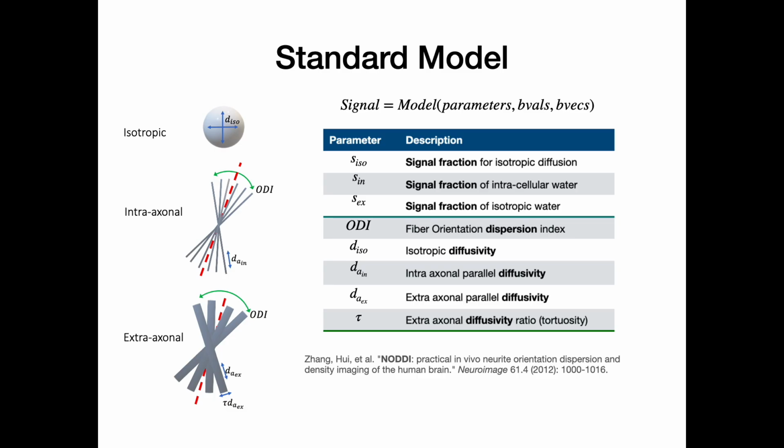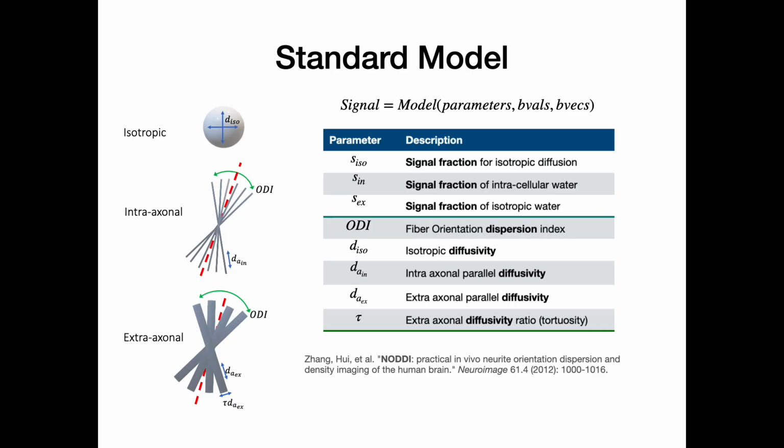There are several multi-compartment models in the literature that can explain these kinds of data. An example of such models is the so-called standard model for diffusion in the white matter. It describes three compartments: free water, which is modeled as a Gaussian diffusion or a ball; intra-axonal water, represented as sticks where diffusion is restricted to a single direction; and extra-axonal water, which is modeled as zeppelins, that is Gaussian diffusions elongated along a preferred direction.